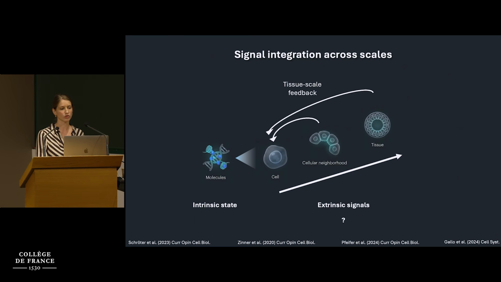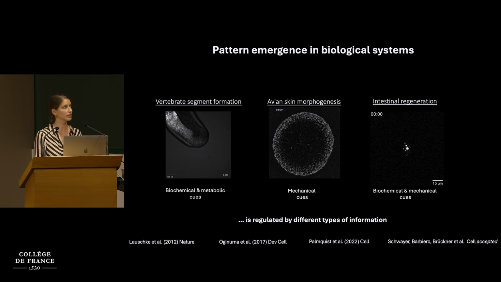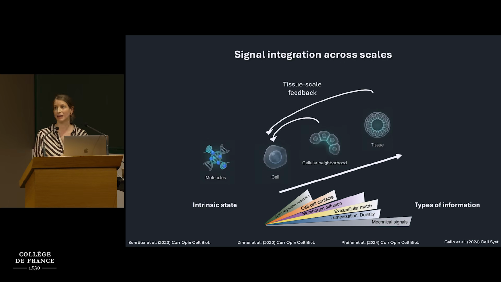On top of the cell intrinsic state that we will also focus on later today, what are the different types of extrinsic signals that a cell can face? From the three examples that I showed you in the beginning, it ranges from biochemical to metabolic to mechanical cues. Importantly, these different types of information are observed to cross many different length scales, and we already had interesting questions about length scales.